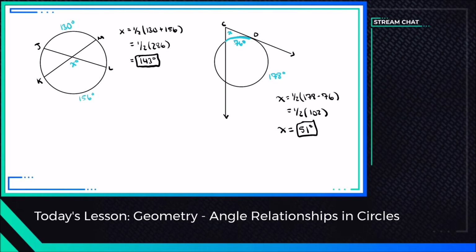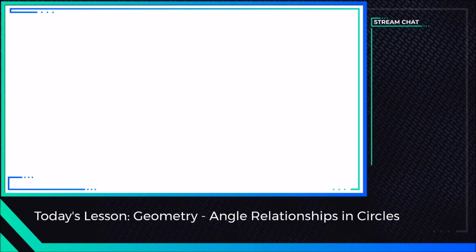All right, so we have just a little bit left to go here. We got to first talk about a circumscribed angle. And a circumscribed angle is an angle whose sides are tangent lines.